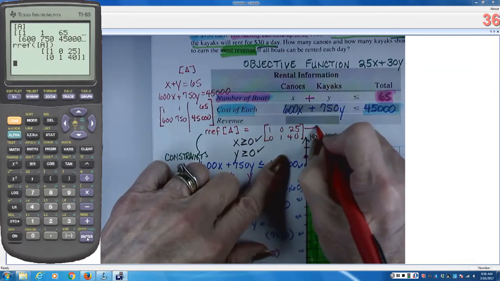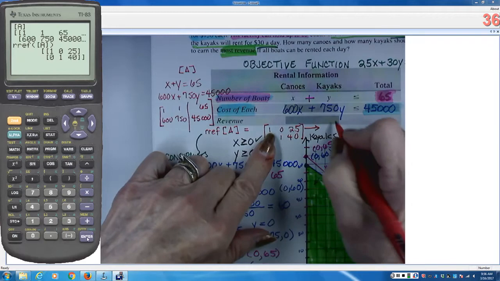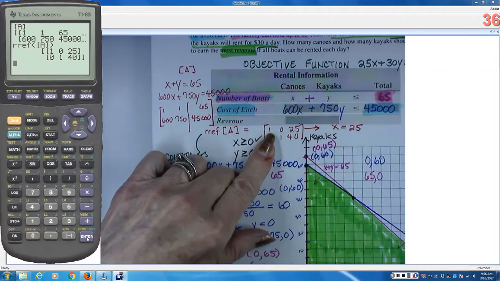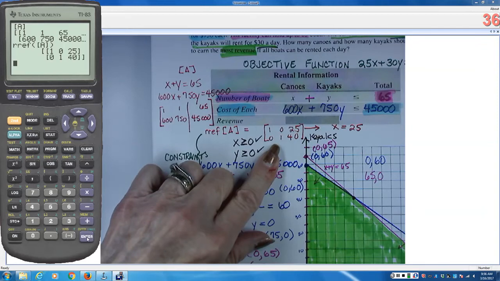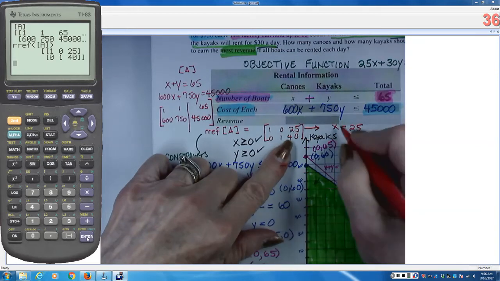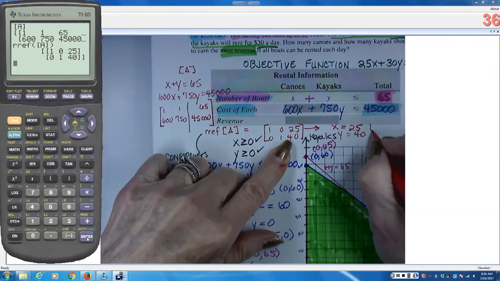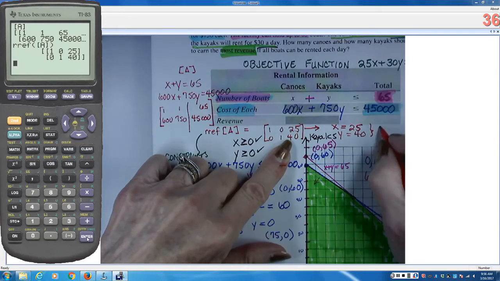And this corresponds to 1x plus no y's is equal to 25. And this corresponds to no x's plus 1y is equal to 40. Which then gives me my corner point, 25, 40.